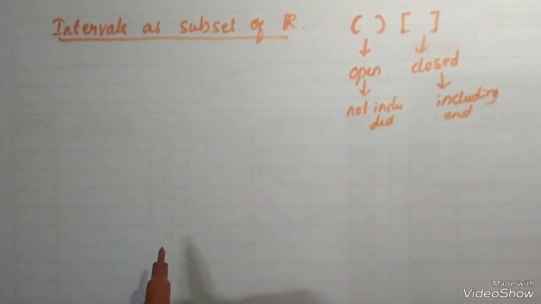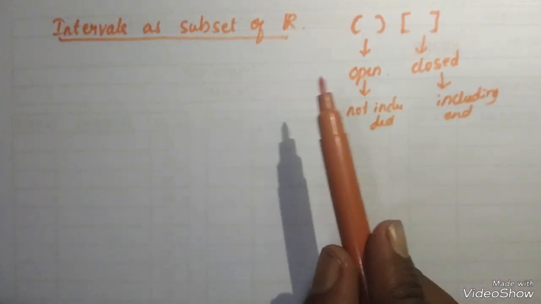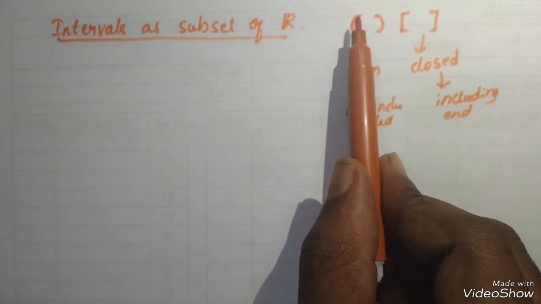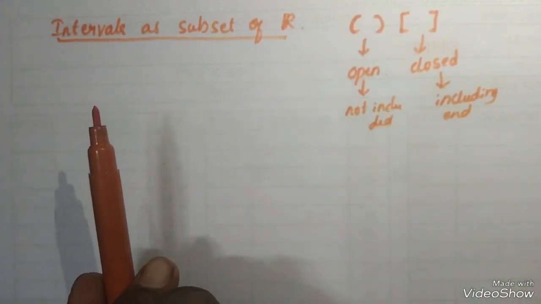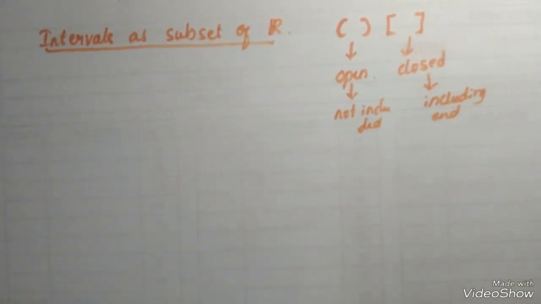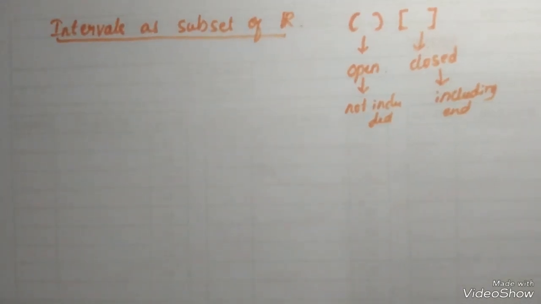Okay, when we say interval, there is a comparison between two numbers. On that time we say intervals. Let A and B be two numbers, both real numbers. Then we define the interval.